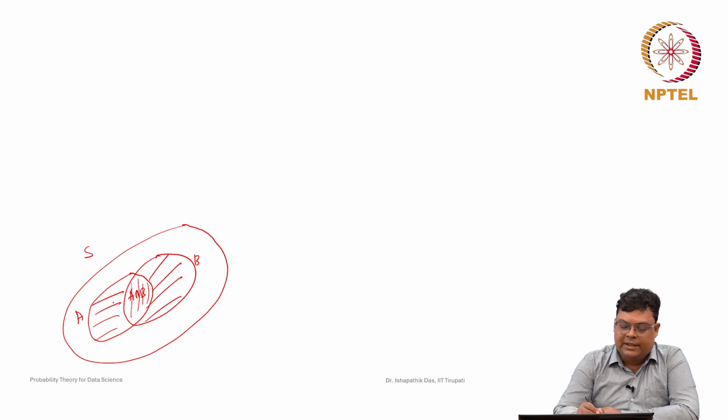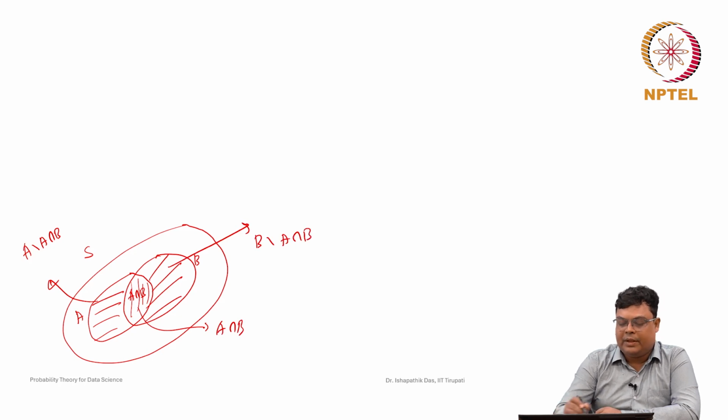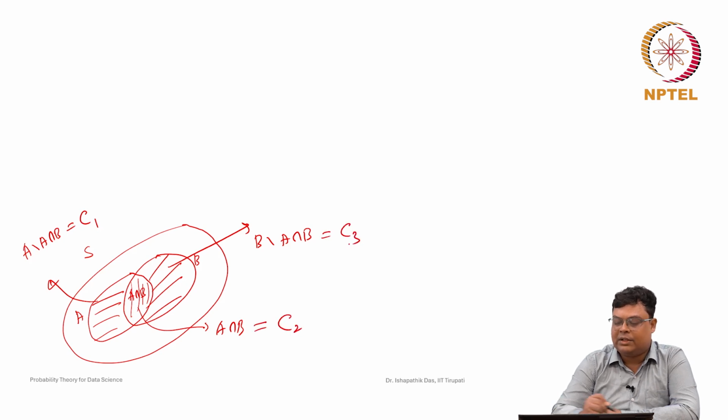This first set can be represented as A minus A intersection B, the middle set is nothing but A intersection B, and the last set is B minus A intersection B. We denote these as C1, C2, and C3.